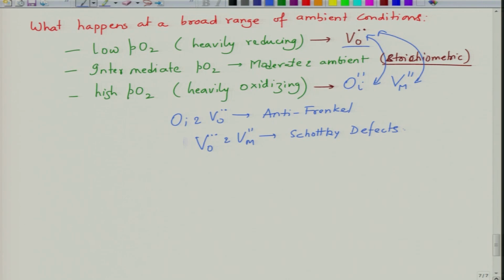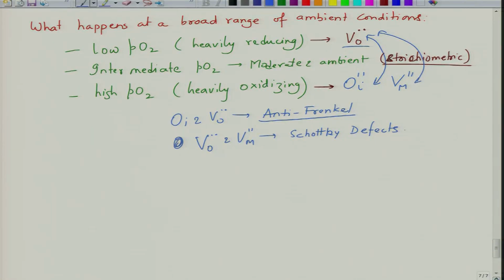Accordingly you will have the defect formation at stoichiometric condition. If you consider VO and OI, then the defect likely to form under stoichiometric condition is anti-Frenkel, and if your combination of defects is VO and Vm, then you are likely to form Schottky defects.